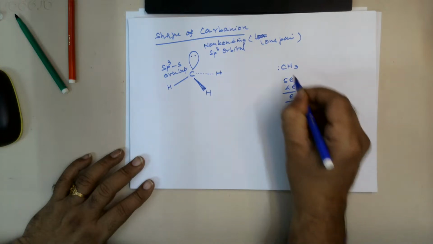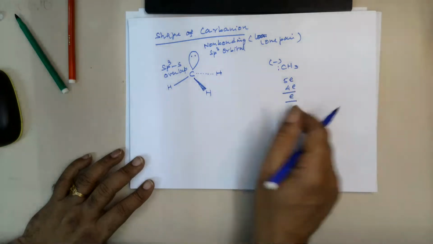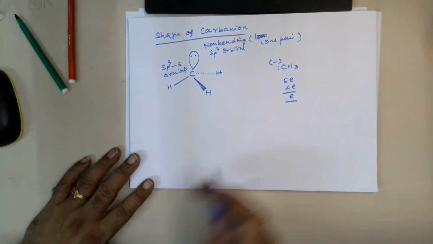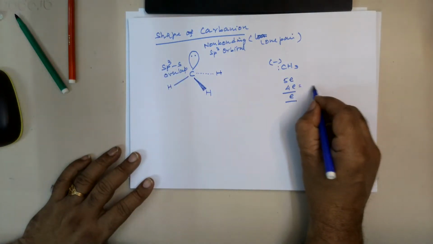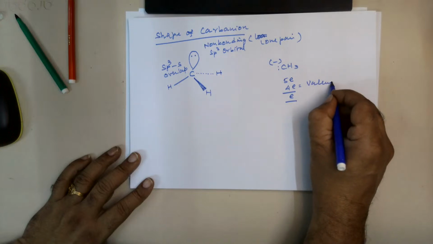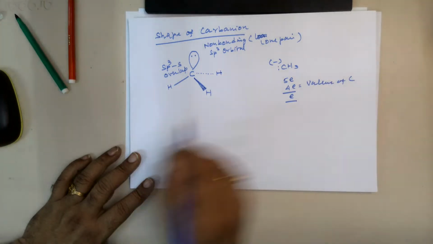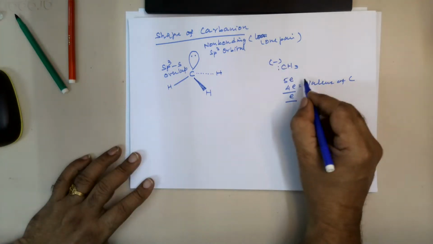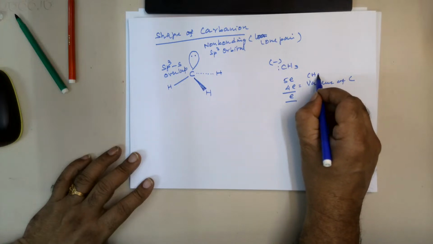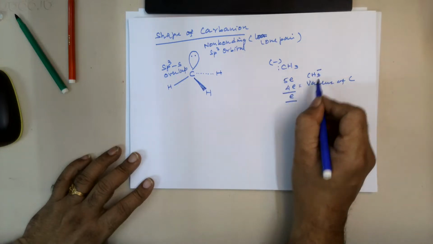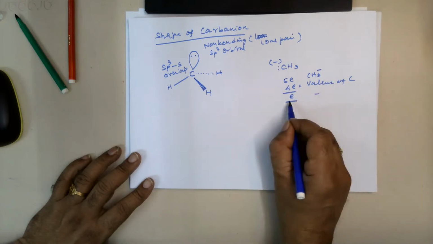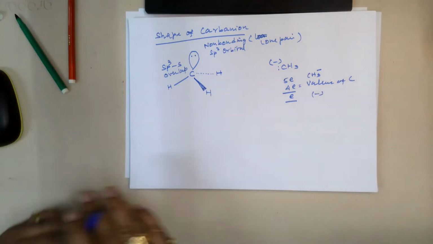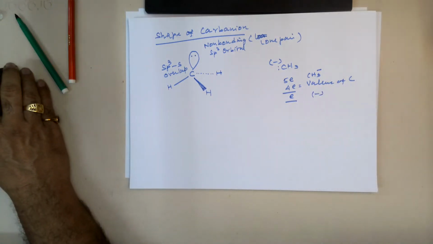And that is indicated by minus here, and that is why it is a carbanion. So this is the valency of carbon, that is 4 electrons. But in CH3 minus you have an additional electron, and that is why this electron represents the negative charge. So this is the way you have to draw this diagram.